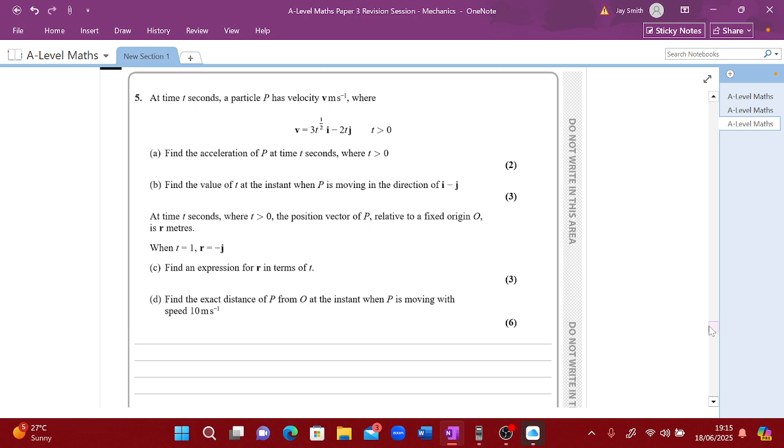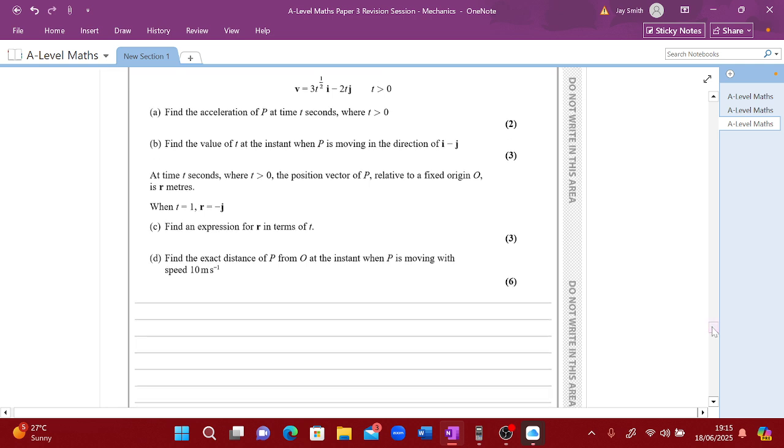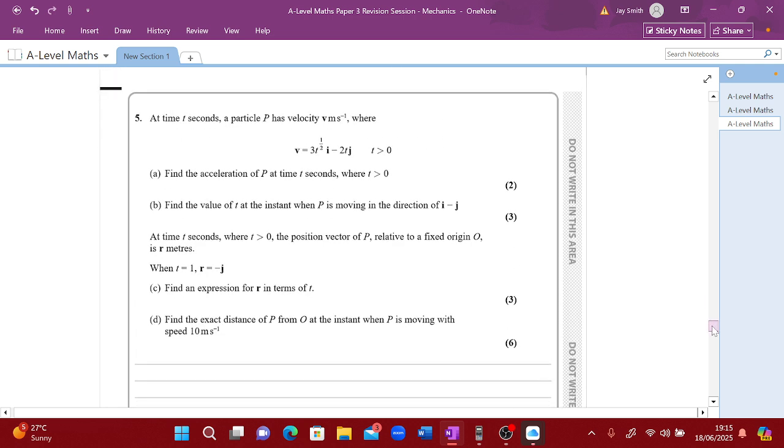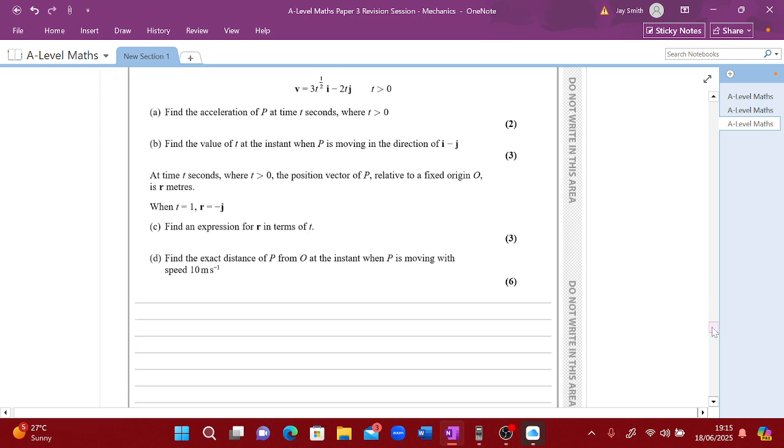Anyway, final question. At time t seconds, the velocity is given as this, and it says (a) to simplify the acceleration. So remember, the acceleration is going to be the derivative of velocity.